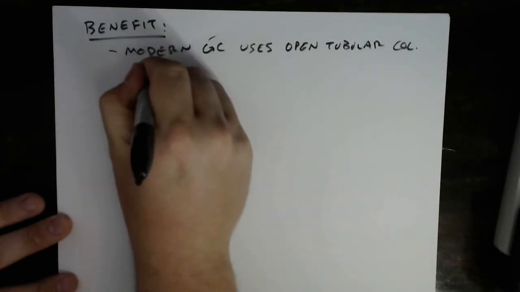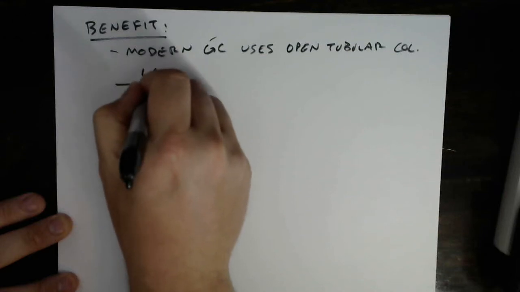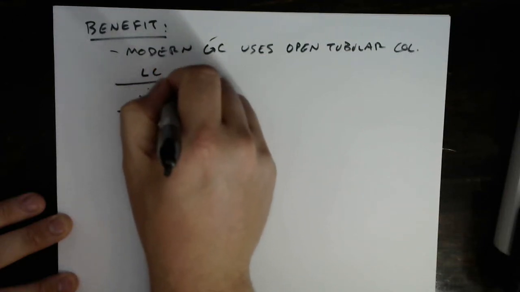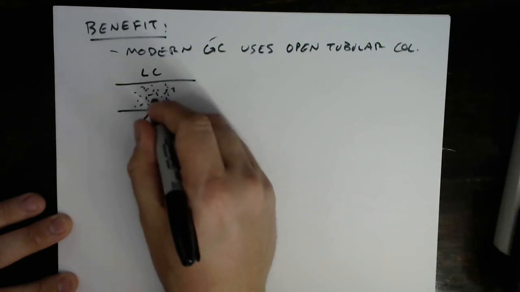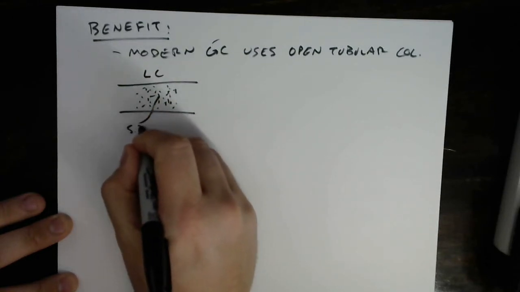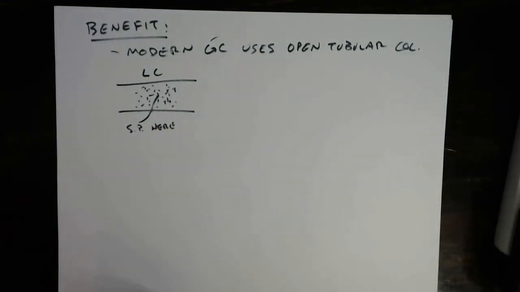Whereas for LC, we have this packing, and the stationary phase lives on the surface of each of these particles.